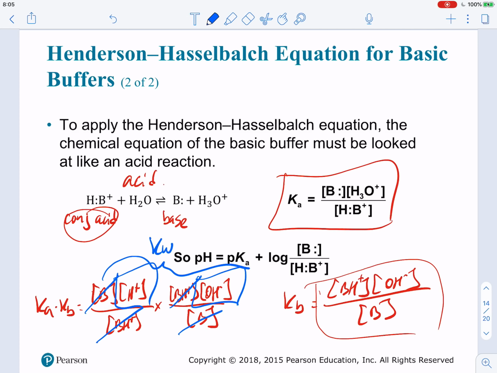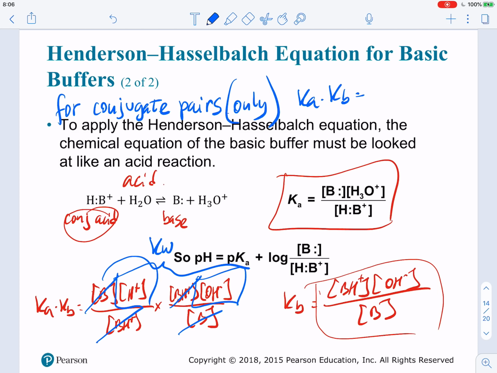That is Kw. So for any conjugate pair, okay, and let me stress this, for conjugate pairs only, okay, I cannot stress that enough, for conjugate pairs only, Ka times Kb is equal to Kw.